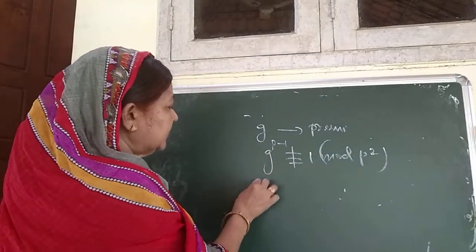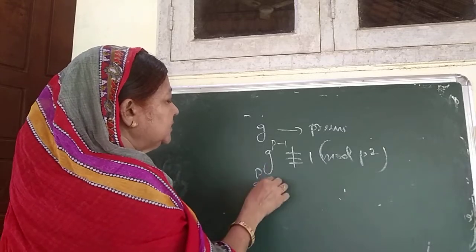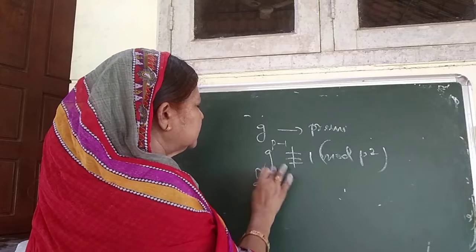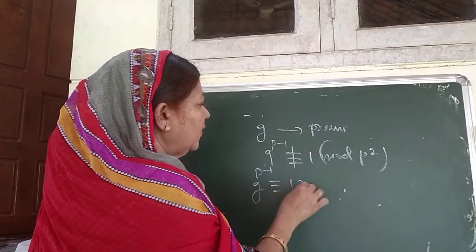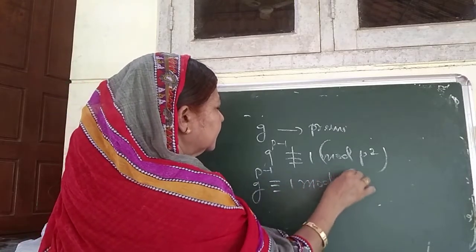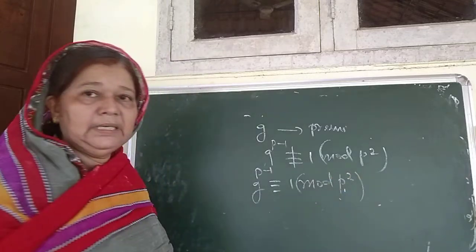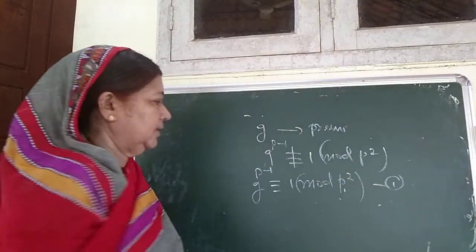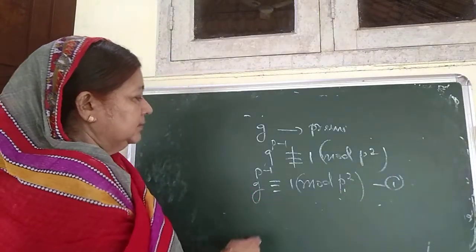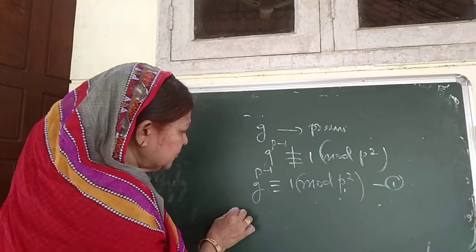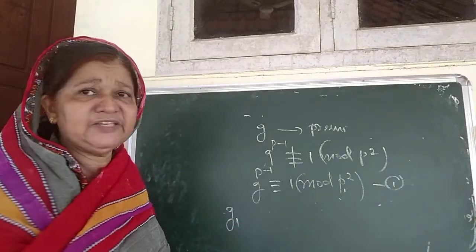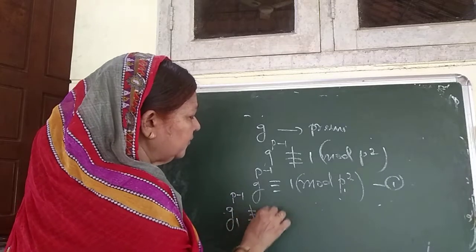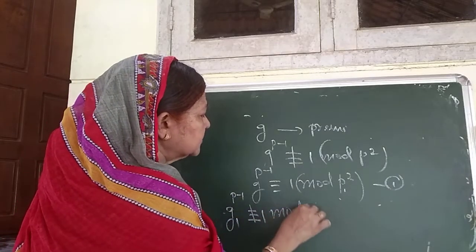We assume the contradiction: g raised to p minus 1 is congruent to 1 mod p square. Then we assume that there exists another number, say g1, such that g1 raised to p minus 1 is not congruent to 1 mod p square.